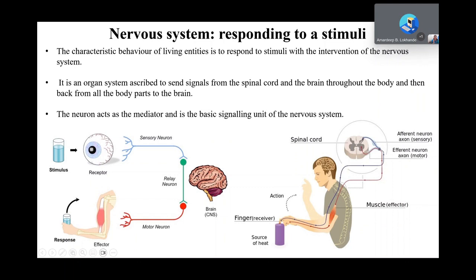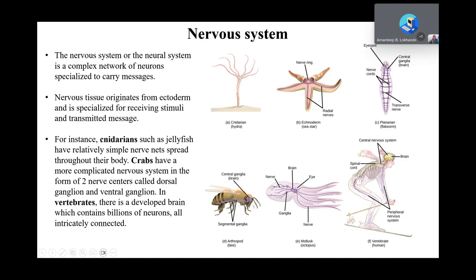Moving forward, the nervous system consists of a complex network of neurons. Neurons are the basic signaling unit, and there are multiple neurons in the network that carry the messages. This nervous tissue originates from the ectoderm, and it is specialized for receiving stimuli and then transmitting the message.